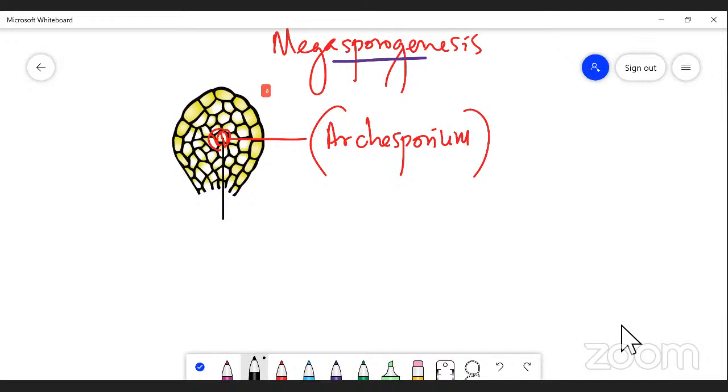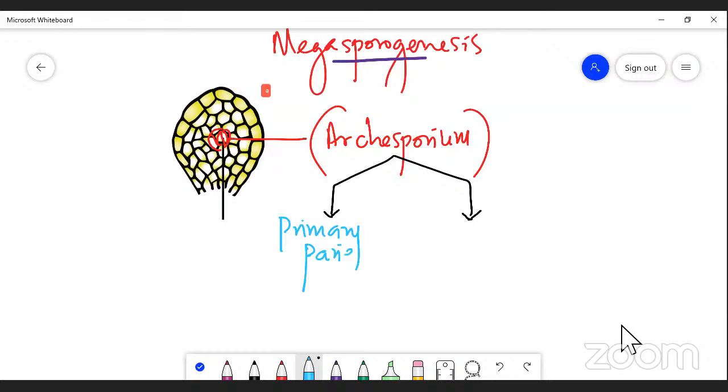The one is the primary parietal cell, and another one is sporogenous tissue, or sporogenous cells. So there are two types of tissues derived from the archisporium.